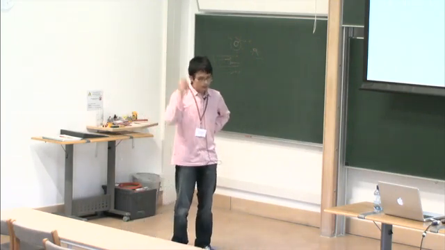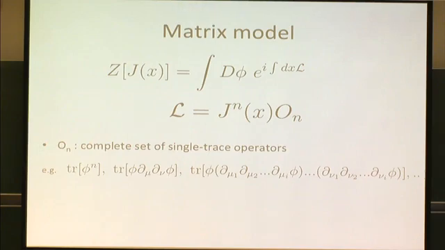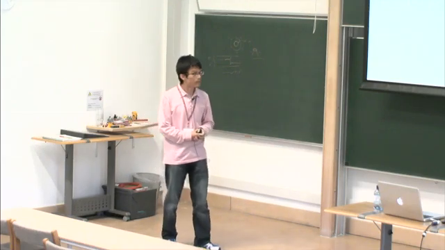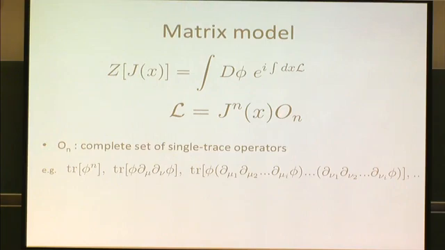Okay, so for simplicity, let us consider a matrix model where the fundamental degrees of freedom are some N by N matrix field, like large N Yang-Mills theory, or even a matrix model with global symmetry. And let's consider an action that is made of a single trace operator.